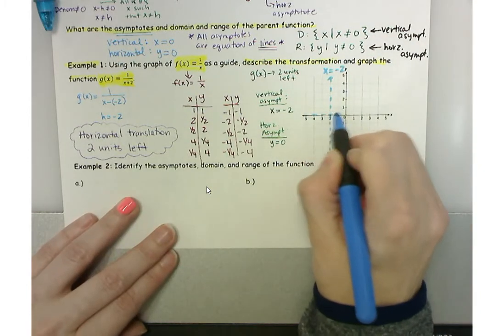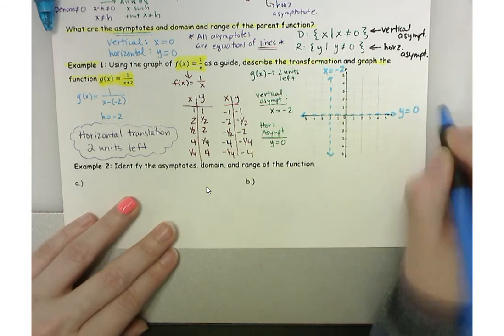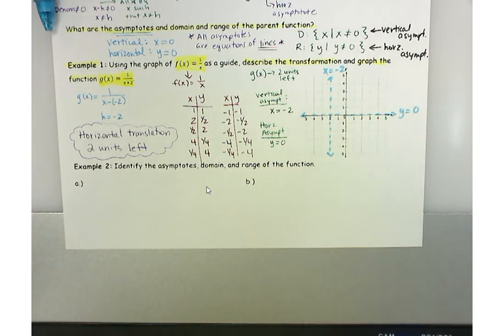So I am going to first go to 1, 1. Okay, so at 1, 1, I just have to transform this 2 units to the left. So don't put a point there. That's the parent function, right? So we're going to go left 1, 2. Now I'm going to go to 2, 1/2, and I'm going to go left 1, 2.